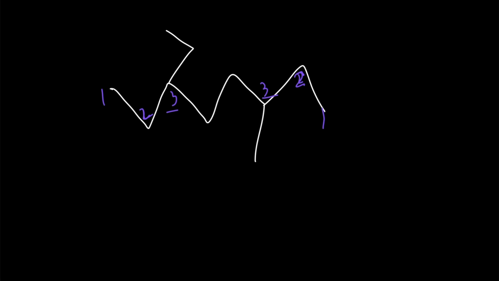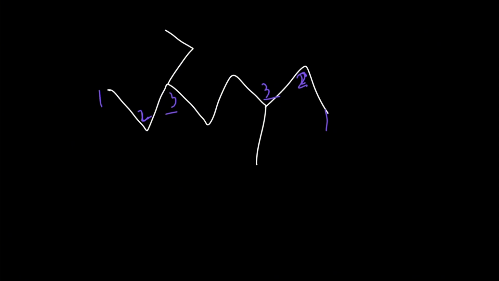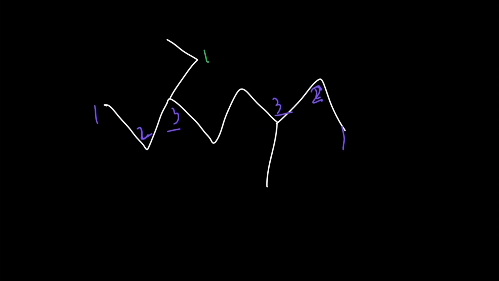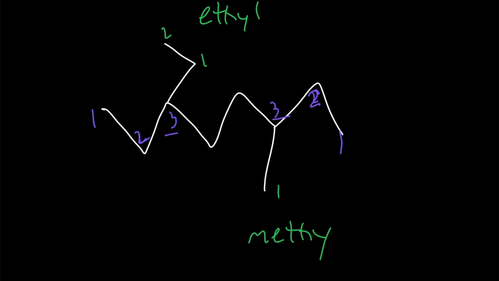Well, if we were to name the substituents, there's 2 carbons here, so this is going to be an ethyl group. Since there's 1 carbon here, this is going to be a methyl group. Priority actually comes through alphabetical order. So since ethyl has an E, it obviously comes before the M. So this carbon number 3 has higher priority over this one.